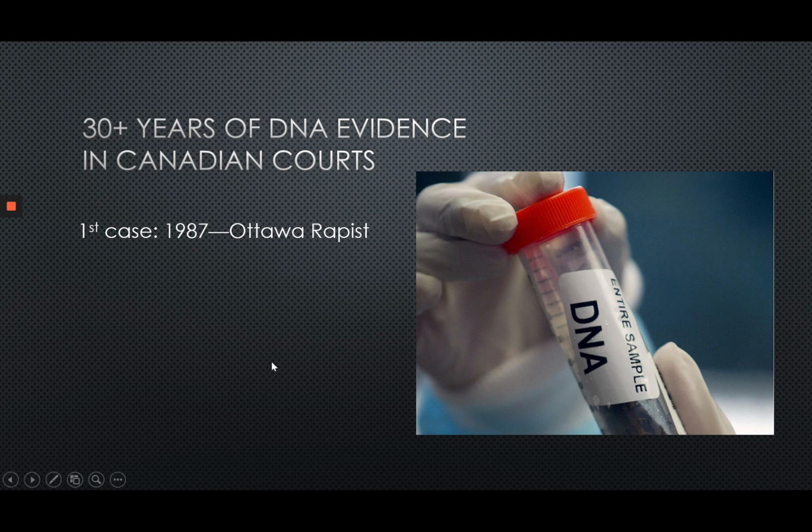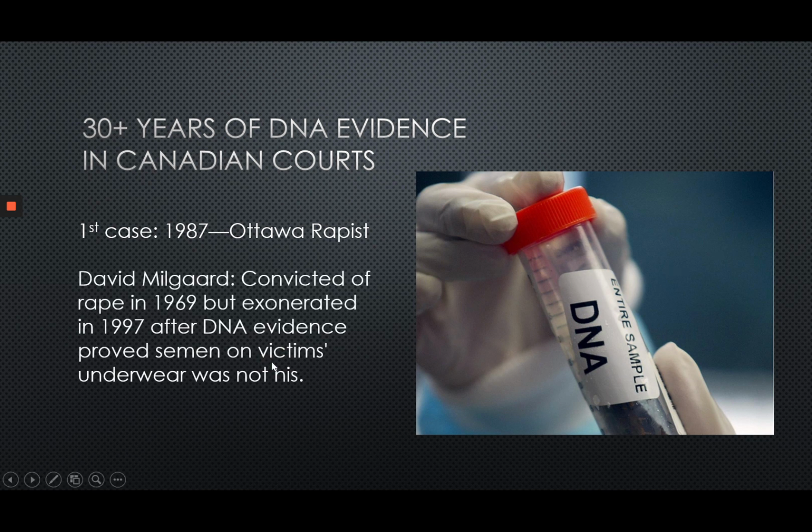One of the more famous cases is David Milgaard. He was convicted of rape in 1969, but with DNA evidence, about 28 years later, he was exonerated from those charges. They were able to prove with DNA evidence that the semen that was found on the victim's underwear was not his. And if it wasn't his, that means that he didn't commit the crime.